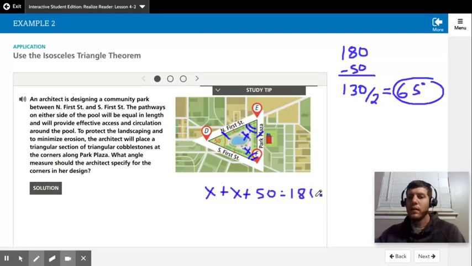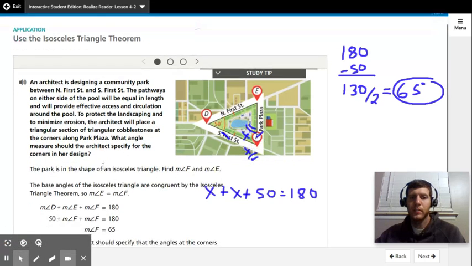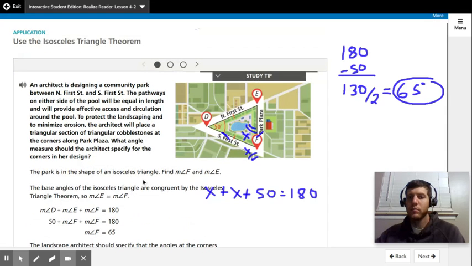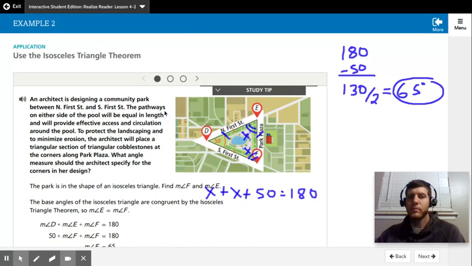And then you can solve that. That would work as well. You'd get 2x plus 50 equals 180. So you subtract 50 from both sides, and then you would divide by 2 and get x equals 65. Okay, we can look at their solution too. Yeah, so they kind of formally wrote it out, but we don't need to be that formal.